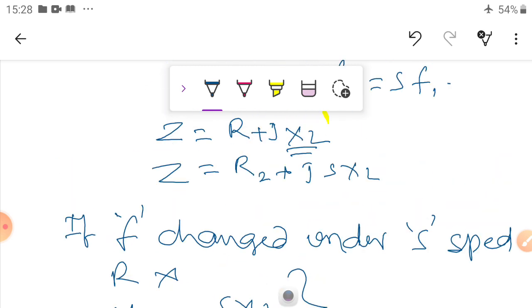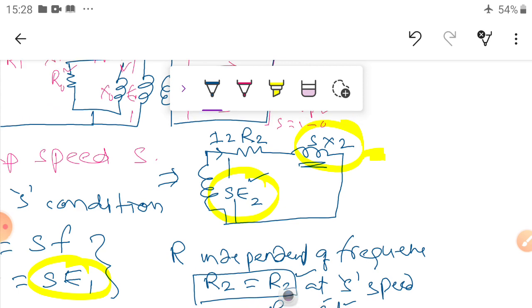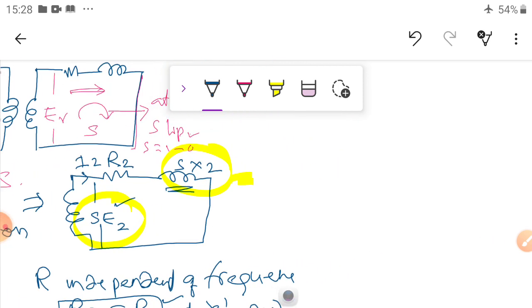Okay, so after these values, what values changed? Now I am going to write this equation. What is the current now? Here this is the source, that is equal to ER.